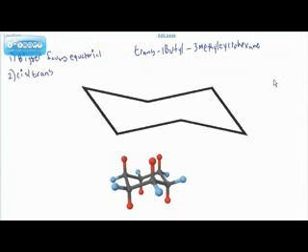Now we see that there is a 1-butyl here, and we have a 3-methyl, meaning that we have a butane attached to one of the carbons and a methane attached to one of the carbons. Butane has 4 carbons, methyl has only 1.